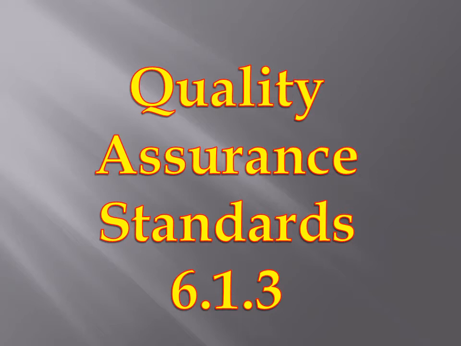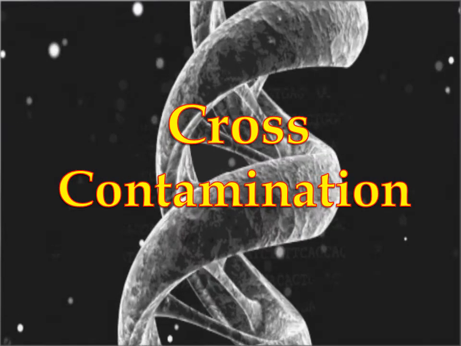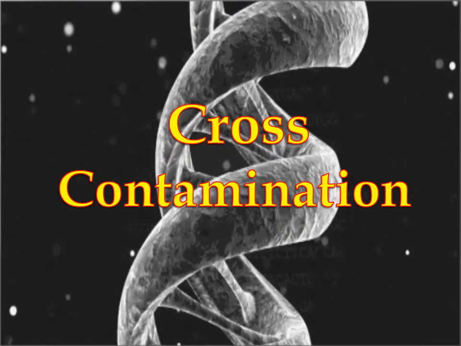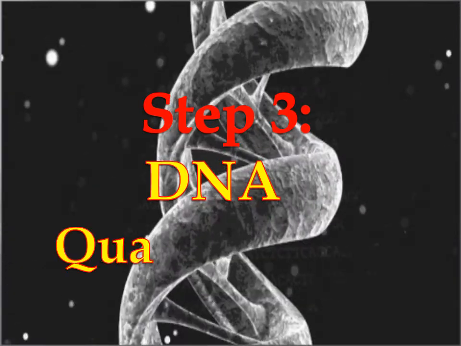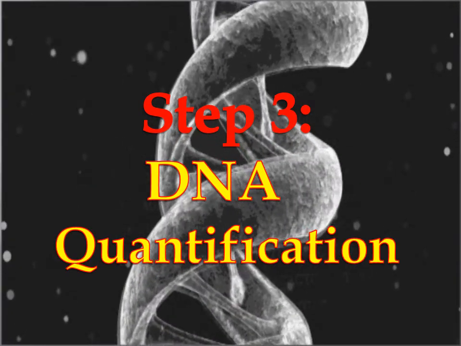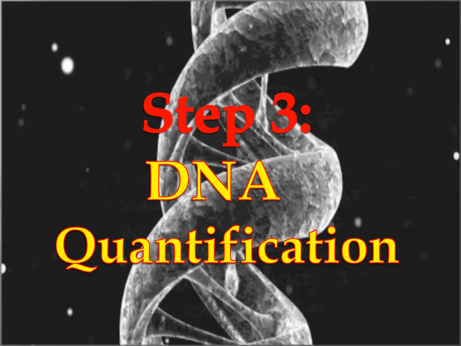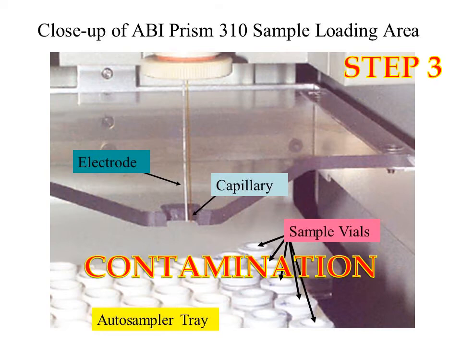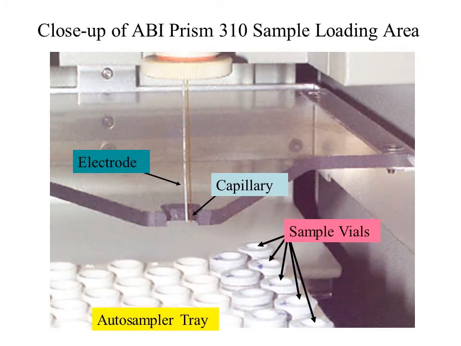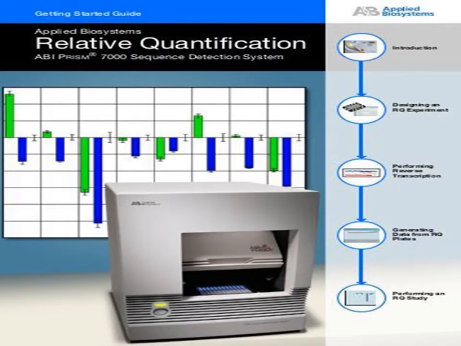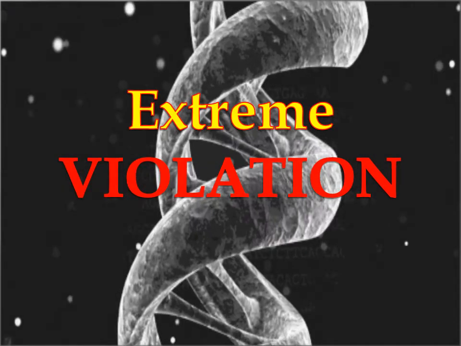Both of these acts violate the federally mandated quality assurance standards and expose DNA samples from both the suspect and the victims to cross-contamination and mixing. Subsequently, during Step 3, DNA quantification, DNA analyst Greg Harrell quantified Cyrus's clothes and the victim's DNA on the same 96 well plate, then placed the contaminated samples together to be tested inside the ABI Prism 7000 SDS.